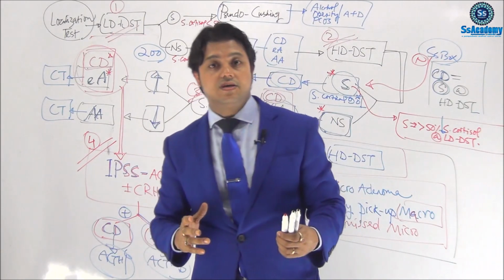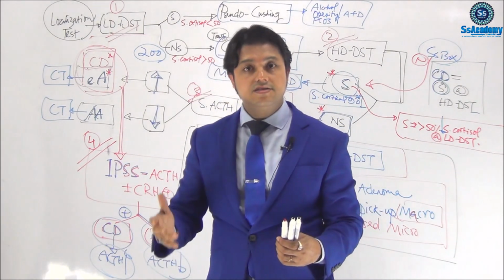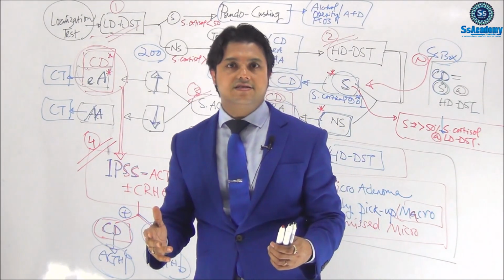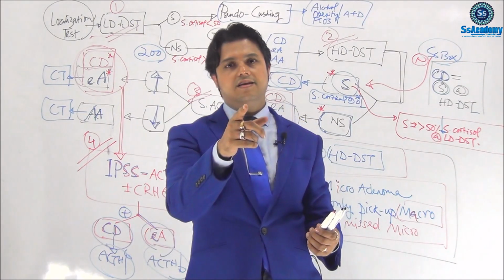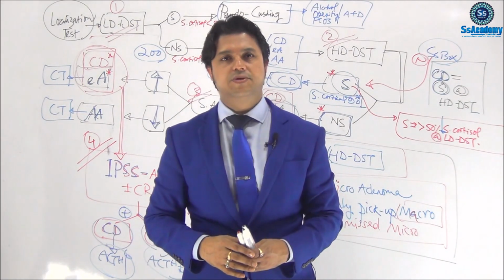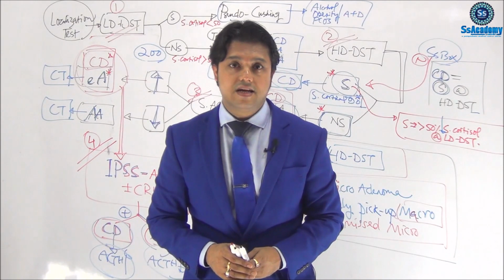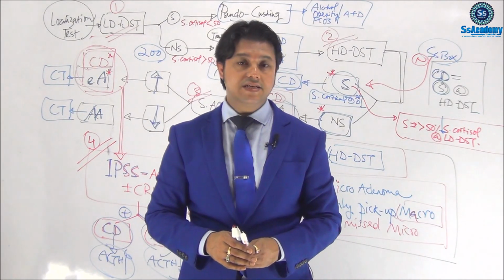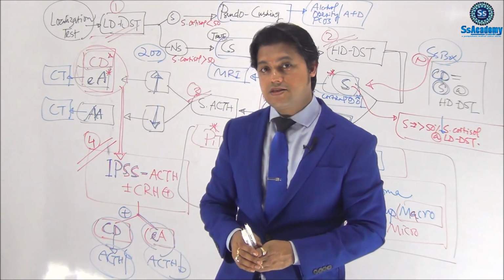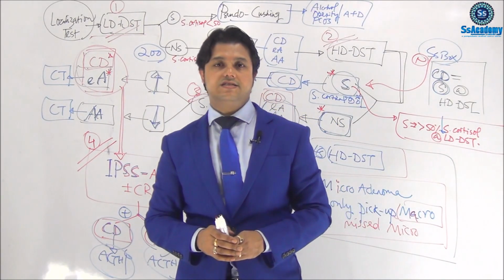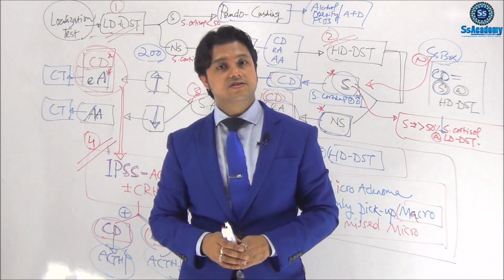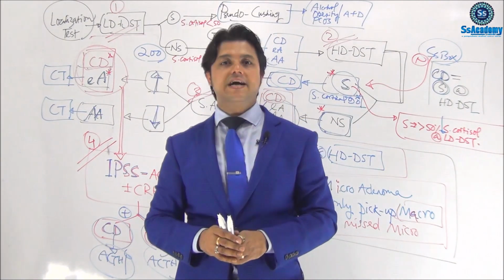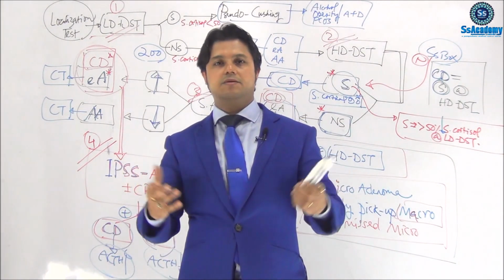And sometimes it is written in your scenarios that the MRI is normal, which doesn't necessarily exclude your diagnosis of pituitary Cushing disease. MRI normal doesn't mean that pituitary Cushing disease is excluded, because MRI can pick up a macroadenoma, and Cushing disease is caused by microadenoma.